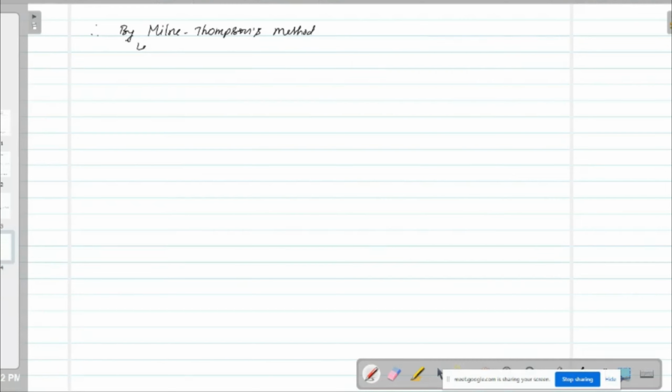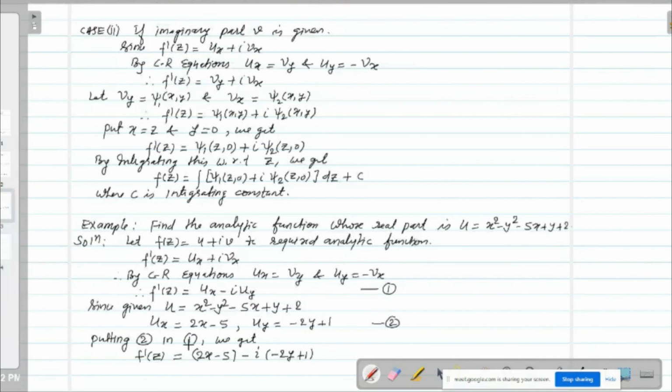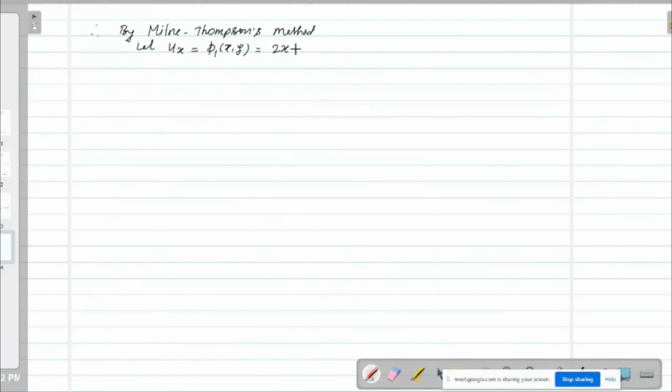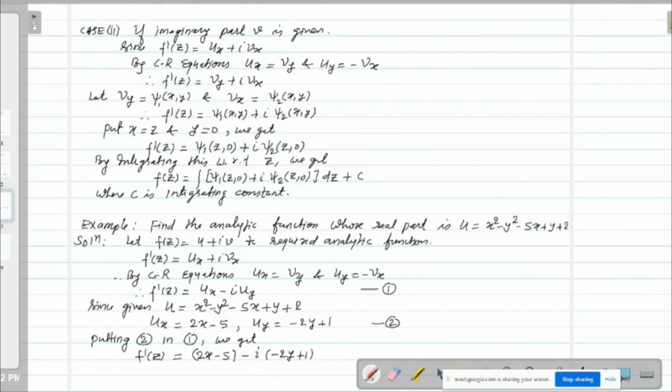Let ux equal phi 1 of x comma y, which is 2x minus 5. Now uy is phi 2 of x comma y, which is equal to minus 2y plus 1.